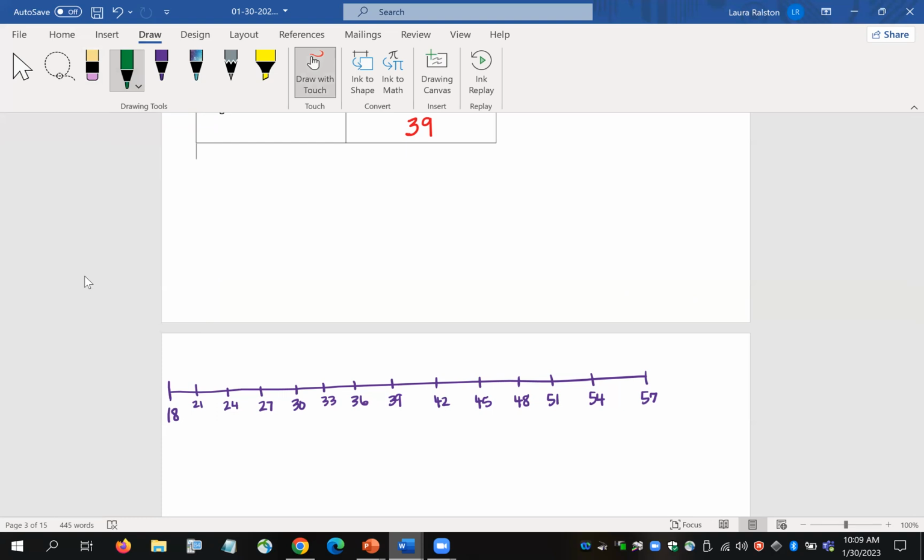So slightly above the number line, I'm going to draw a little dot at 18. That's my minimum. Quartile 1 was 18.75. So just a little bit next door to that is going to be Q1, which is 18.75.